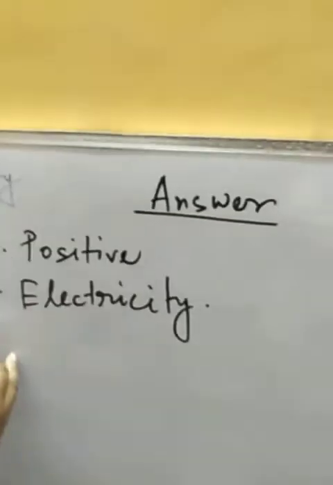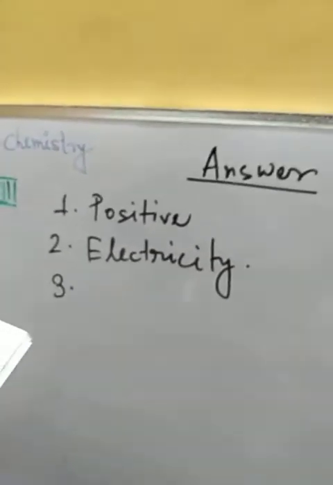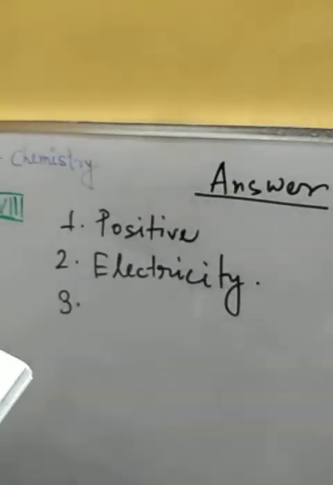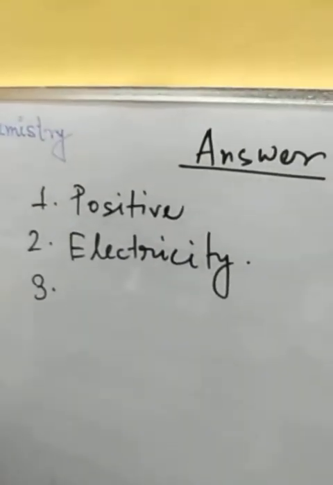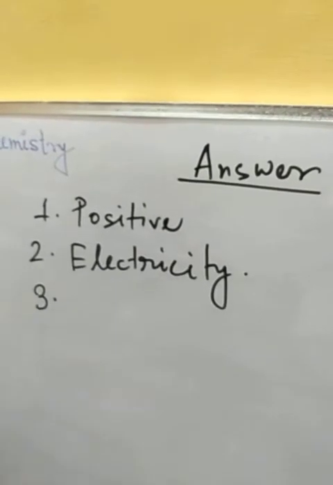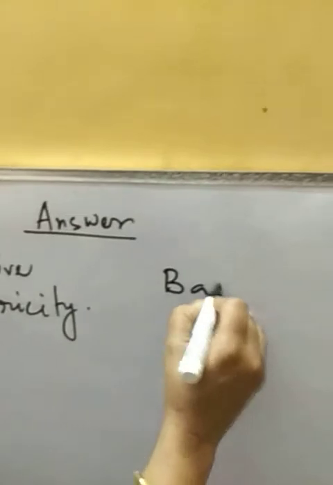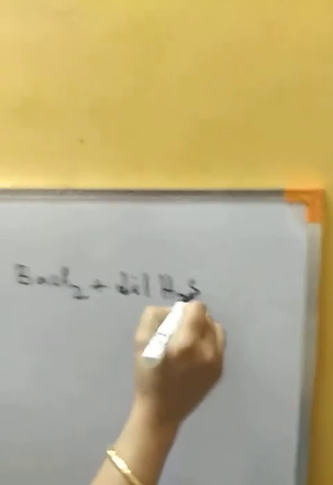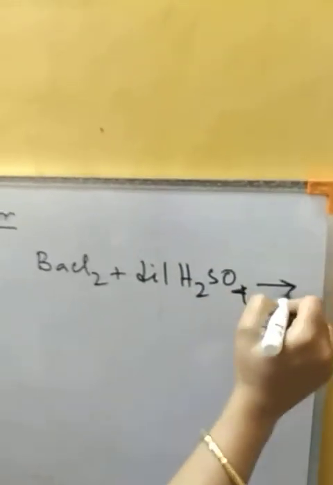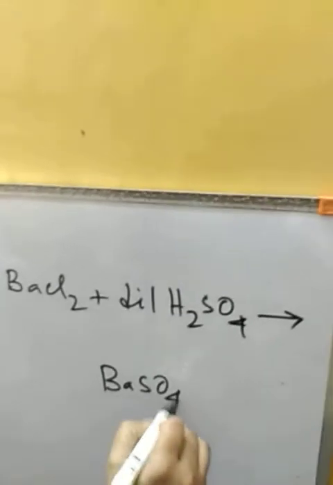Okay, next, number 3. When a few drops of dilute sulfuric acid is added to barium chloride solution, a white precipitate of dash is formed. So for question number 3, the reaction is barium chloride plus dilute H2SO4. The reaction will give BaSO4, barium sulfate.